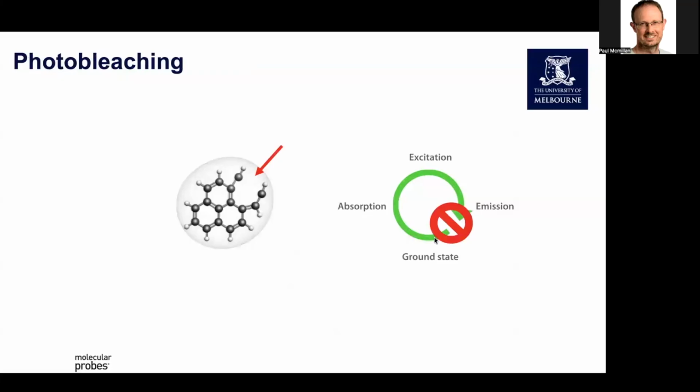One of the downsides we might encounter is if we put too much light on, then we can get a physical breakage in the molecule, which changes the characteristics and causes them to no longer fluoresce in the wavelengths that we want. This is what we call photobleaching. Ideally, when we're acquiring, we don't want to damage the fluorophores so we can still get that cycle of fluorescence. So that's one thing to bear in mind when you are setting up your experiments.